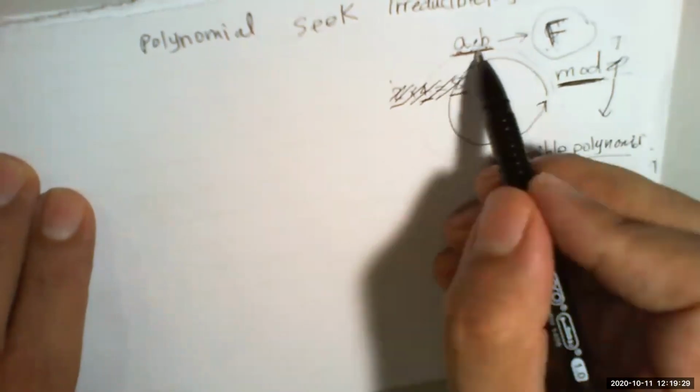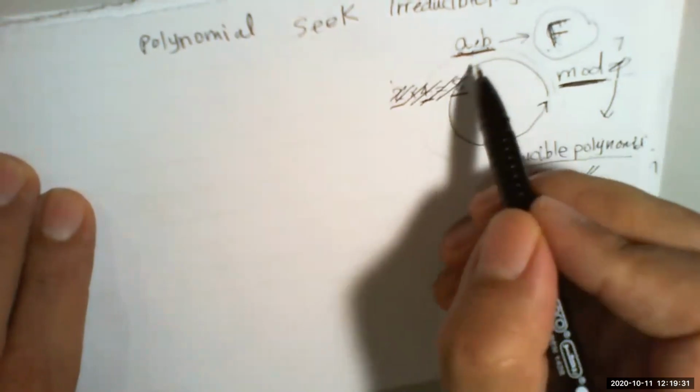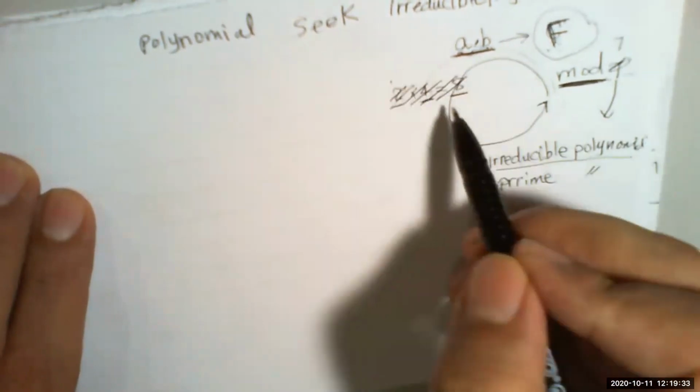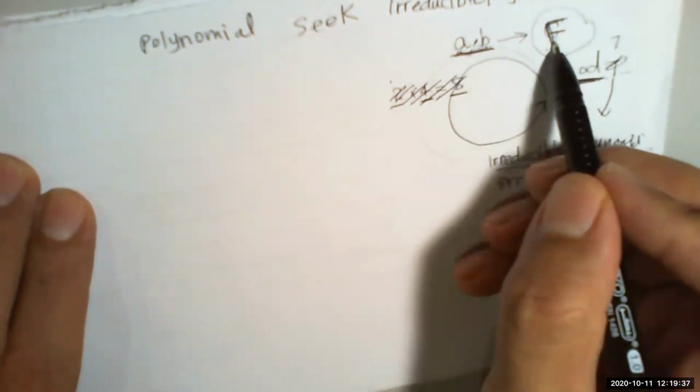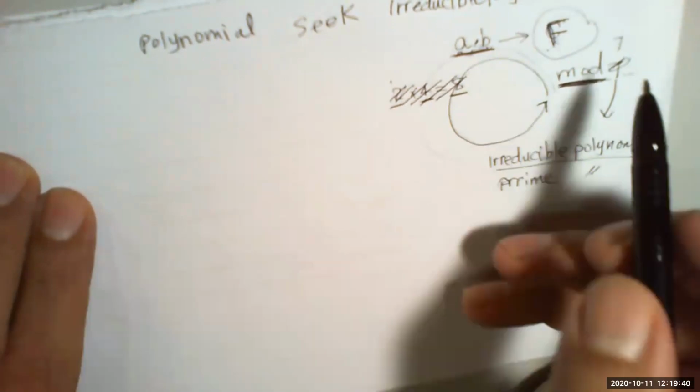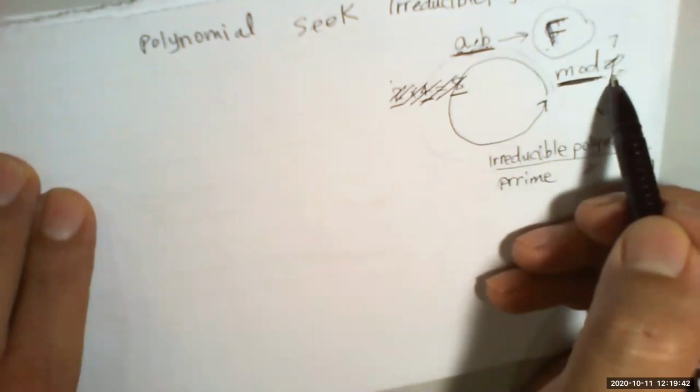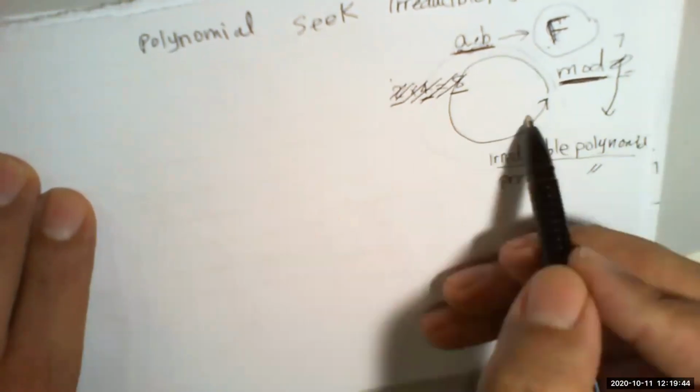If I multiply two numbers, the result will be in F even if it is greater than this limit, because mod means return back, make a cycle.